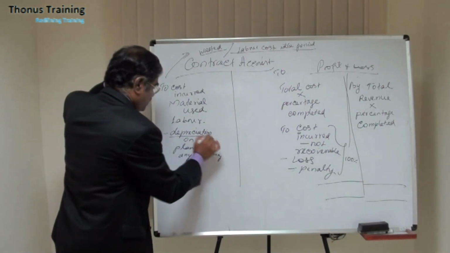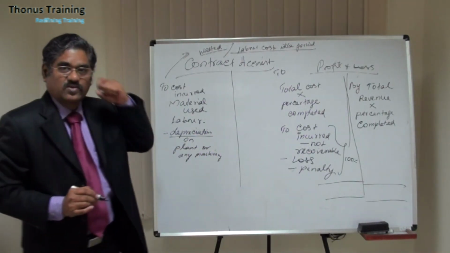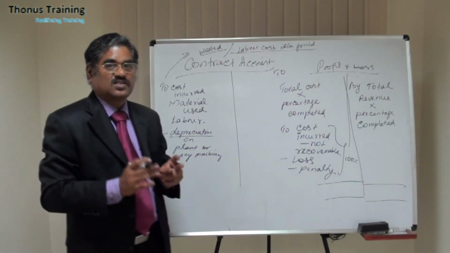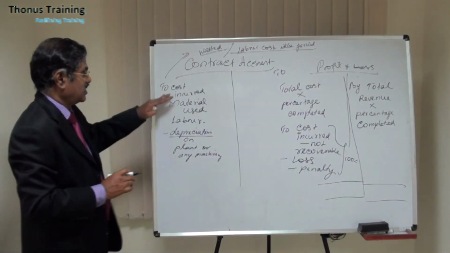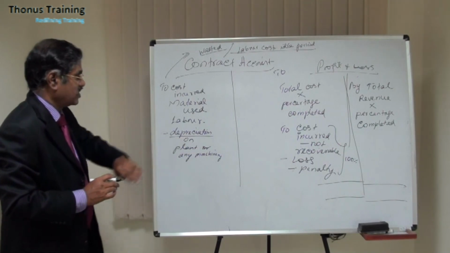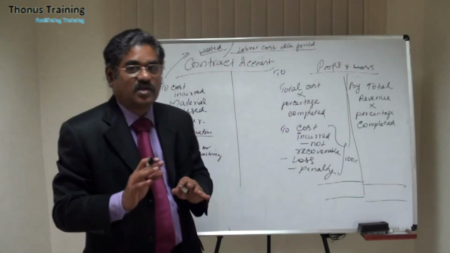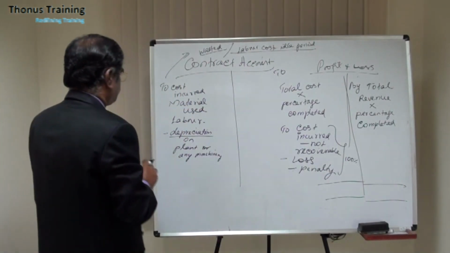Even depreciation should relate to the period where the construction was going on. If the construction has been suspended for a particular period, then the relevant depreciation or any labor expenditure incurred for that period should not be debited to this account.